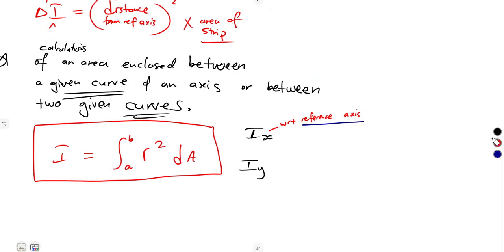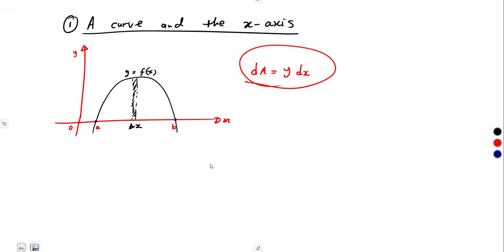Is it parallel or is it perpendicular? So if we are calculating the second moment of area with respect to x, it means our reference axis is the x-axis, where the x-axis and the representative strip are perpendicular. They meet at 90 degrees. So this one is perpendicular to the representative strip from our diagram.